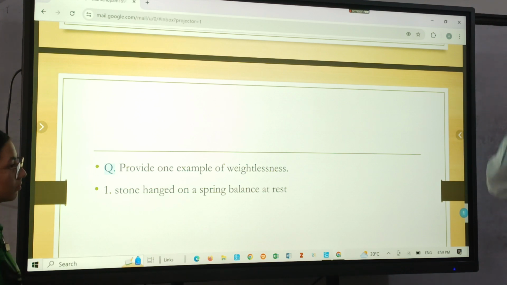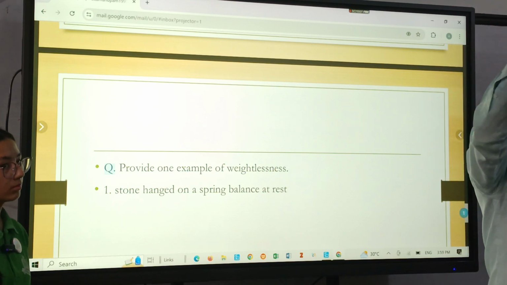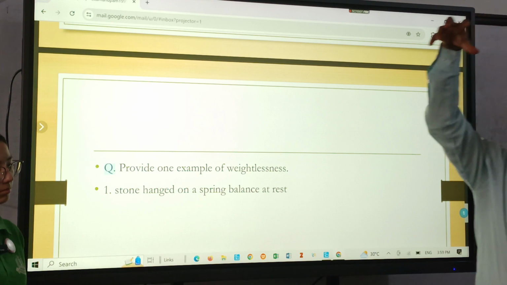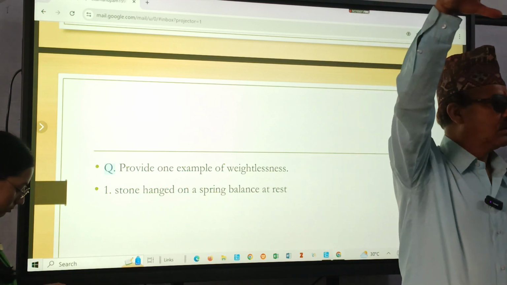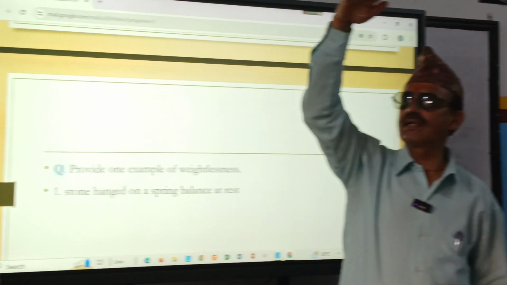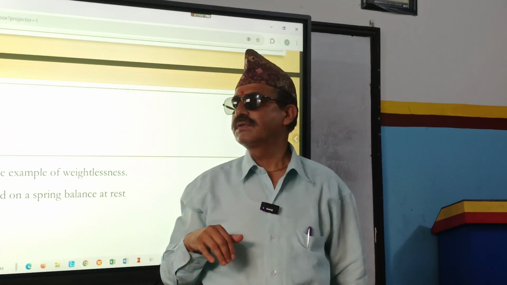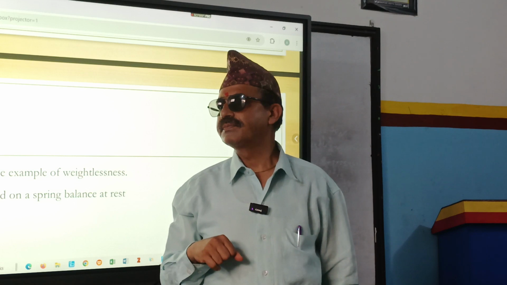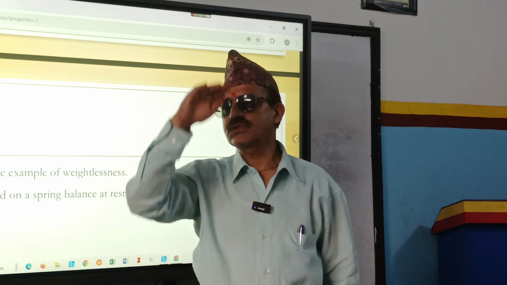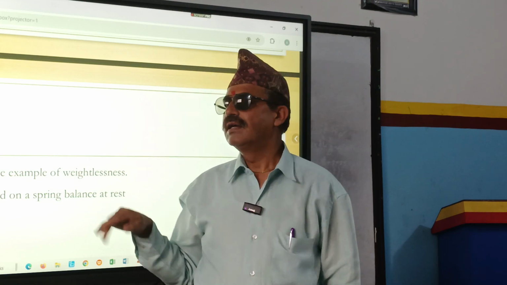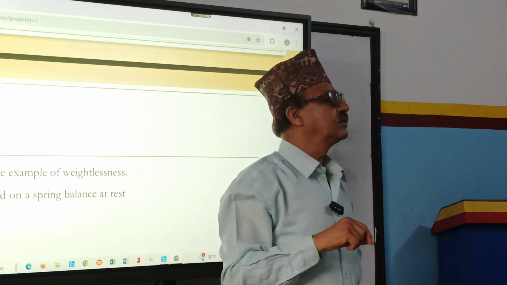Let's take a 20 kg mass on the Moon at a certain height and drop it. When it is dropped, what will happen? It just falls freely. At that time, its weight will be how much? Zero.